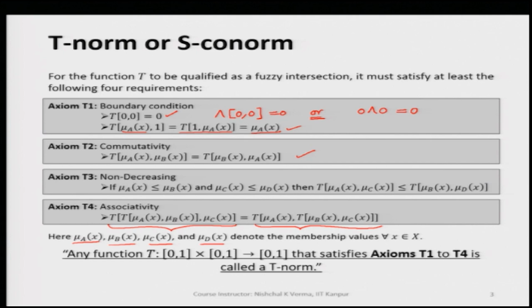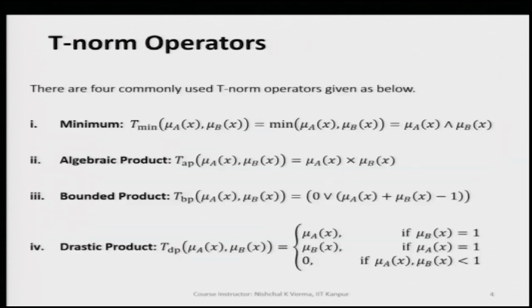Now, there are 4 commonly used T norm operators that we will be seeing here. We have the minimum, defined as T min of mu a of x and mu b of x, which can be written as min of mu a of x and mu b of x.